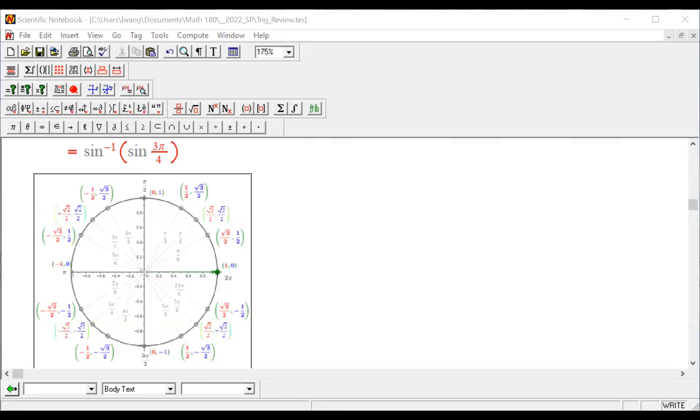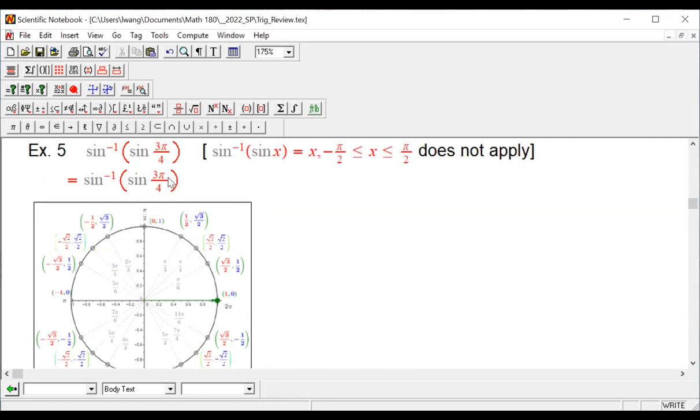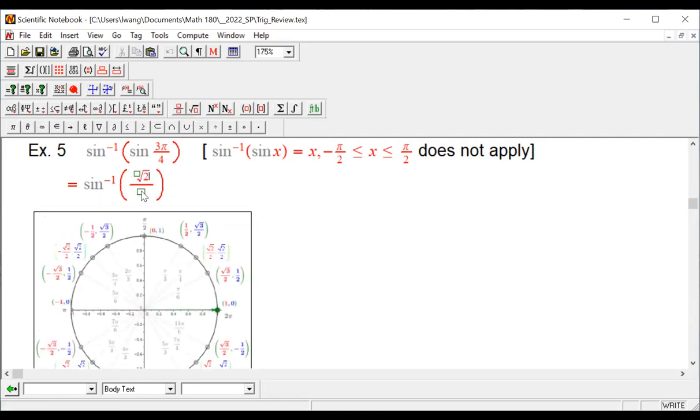From standard position, counterclockwise, we terminate here. And the blue number is √2 over 2, right? So here we're going to replace this number by √2 over 2. Now we get arc sine √2 over 2.